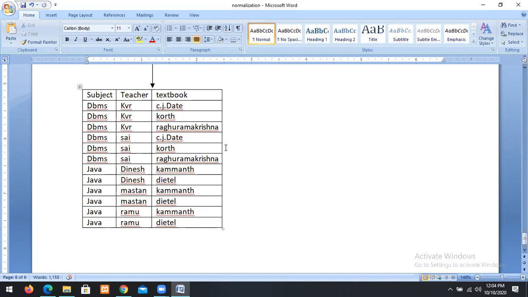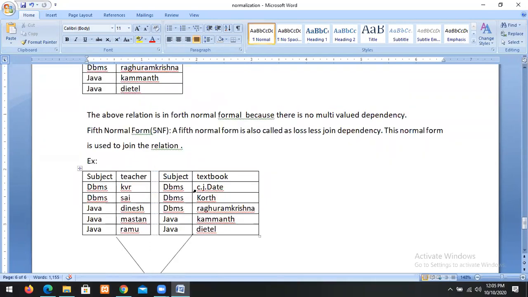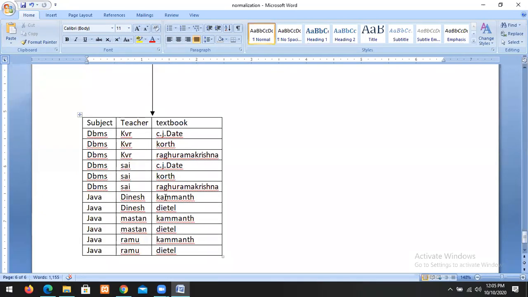Up to four normal forms, we are dividing a relation into a number of subrelations. While in the case of fifth normal form, we merge the relations, lossless join dependency. Suppose there are two relations, and I want to join these two relations, then I will get the original relation.